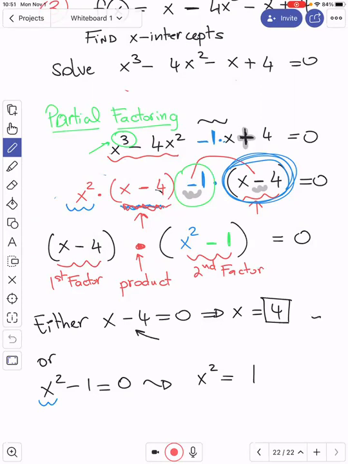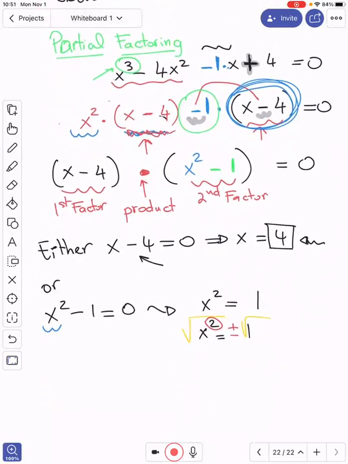So x equals 4 is my first. Now x squared equals 1. You apply the square root, and of course, because the power is even, you need the plus or minus.